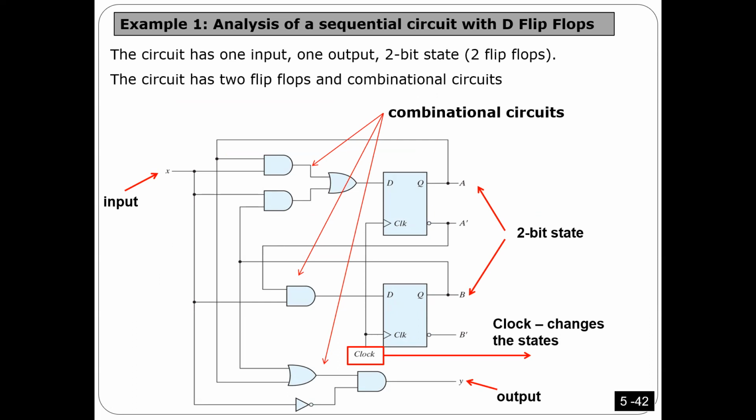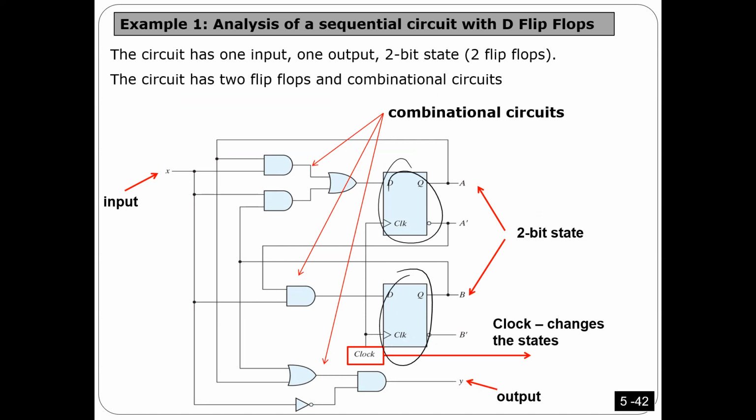So this is an example of a sequential circuit. Any sequential circuit must have flip-flops. Sometimes it has some combinational circuits, as we see here.